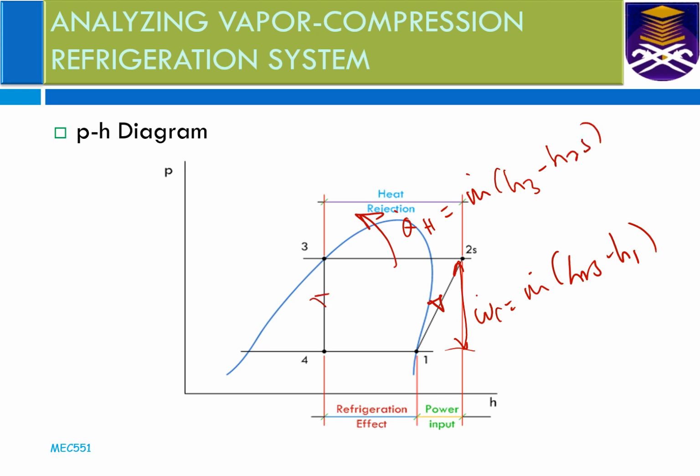The values for enthalpy and entropy you can refer to the property table or property chart. Then for process H3 equal to H4, there is no power effect in the throttling valve. And then the refrigeration section, 4 to 1, is Q dot L equal to m dot (H1 minus H4).